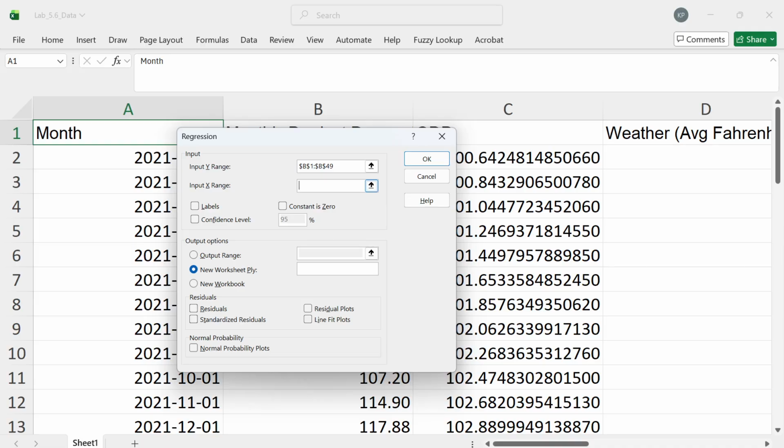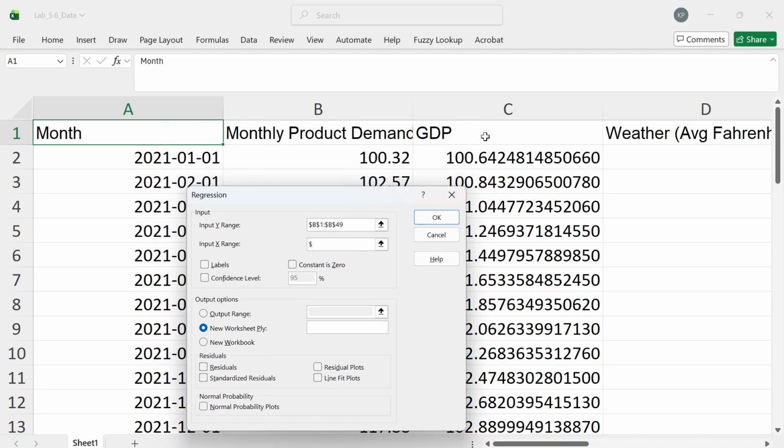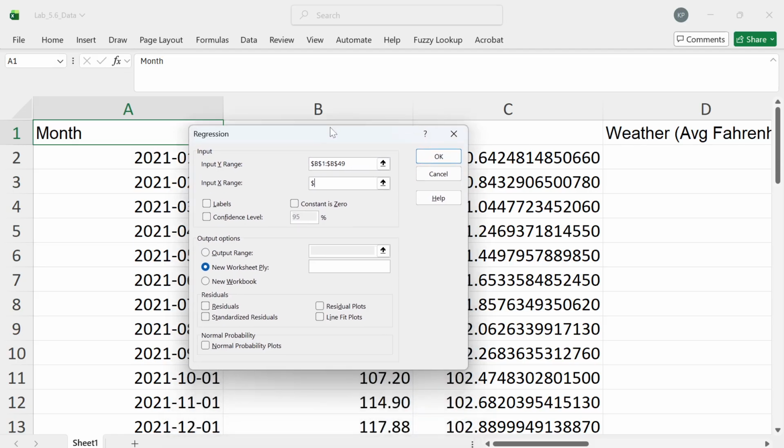Now for the independent variables, you can see from column C, GDP, gross domestic product, weather, and so on: $C$1 to $E$49, since the last is 49.